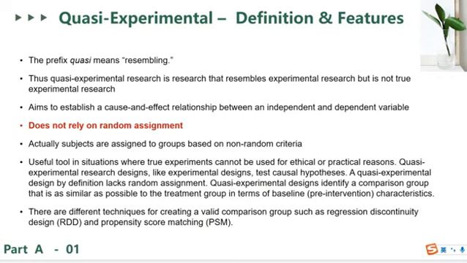Only the existing research objects are taken as subjects, and only the irrelevant variables are controlled as much as possible. Its key feature is that it does not rely on random distribution.